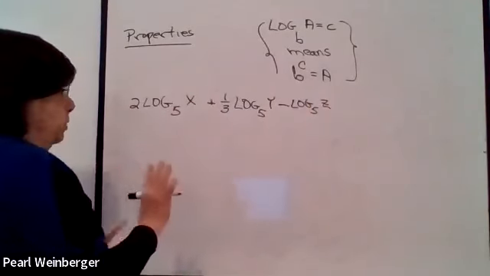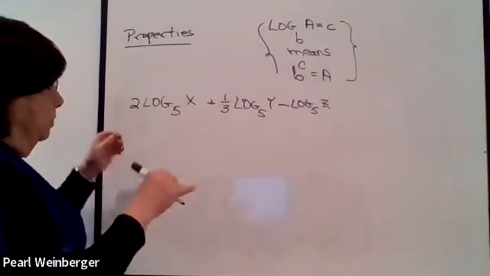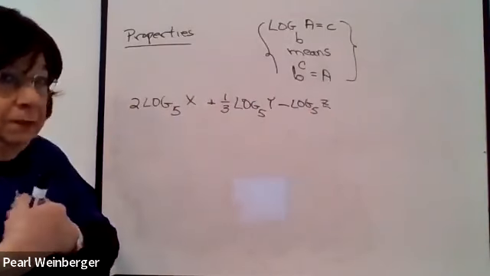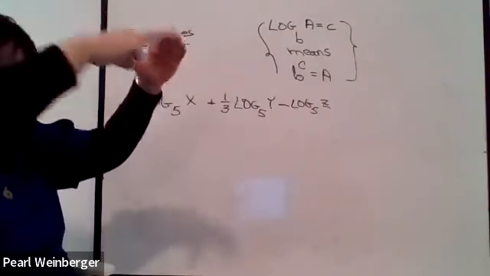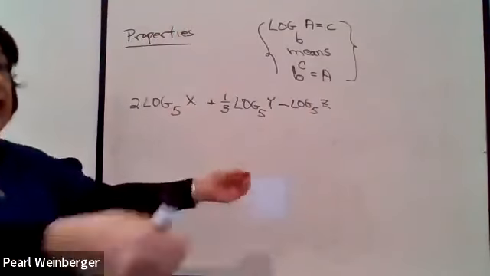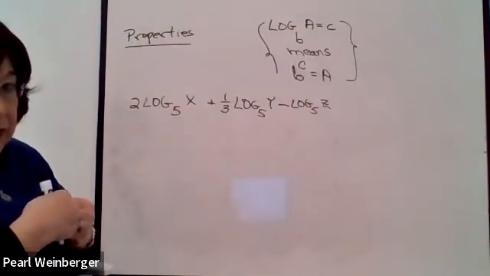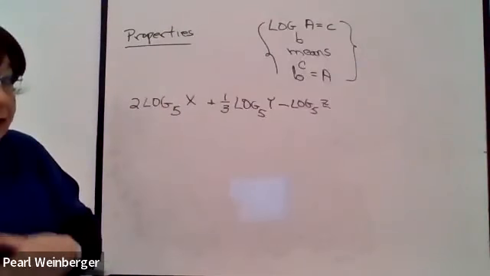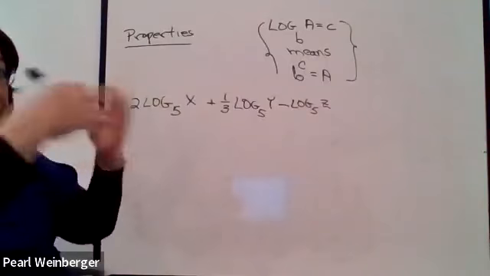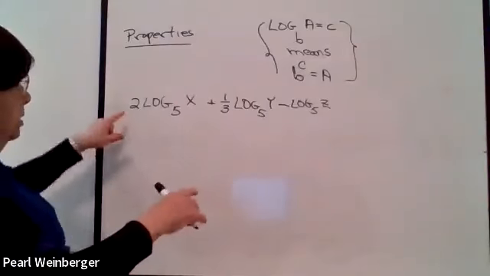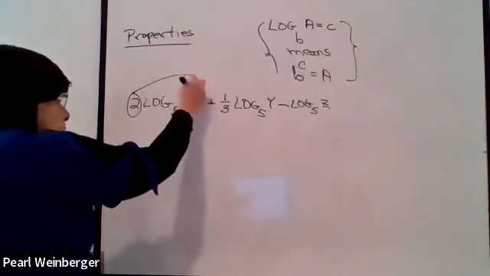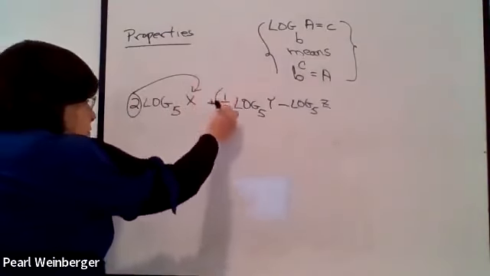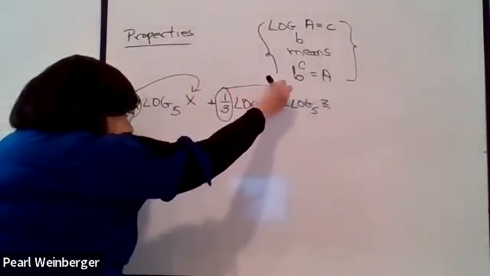Okay, so again, I'm going to do it in 2 steps, but I'm going to do the steps backwards. Before, when I was expanding, I first did multiplication and division, and then I did exponents. So when I go backwards, I first look for the exponents and then the multiplication and division. Any number that's in front was originally an exponent.